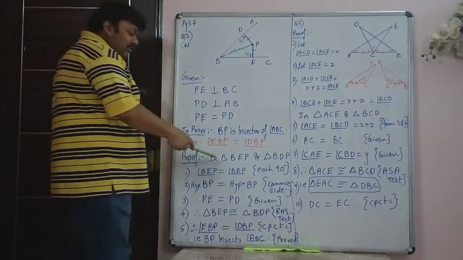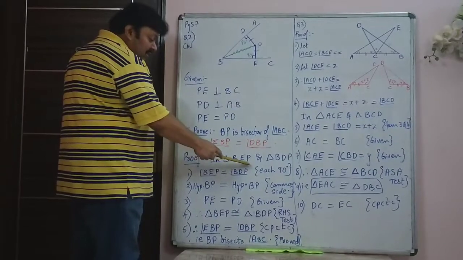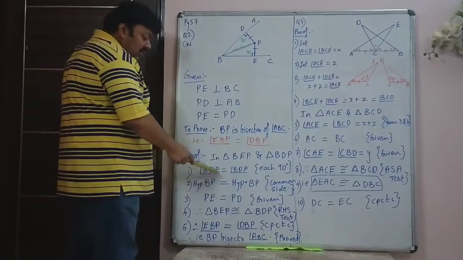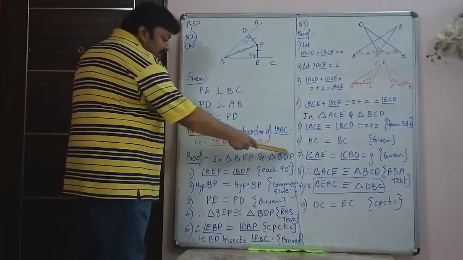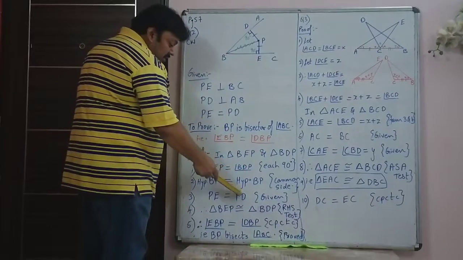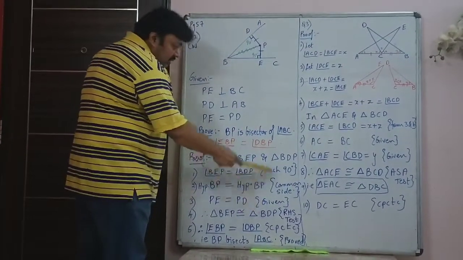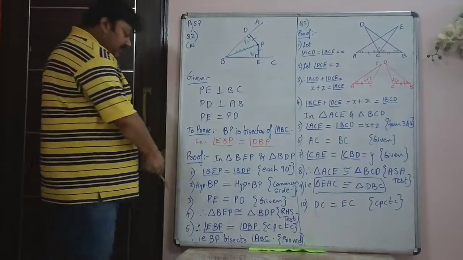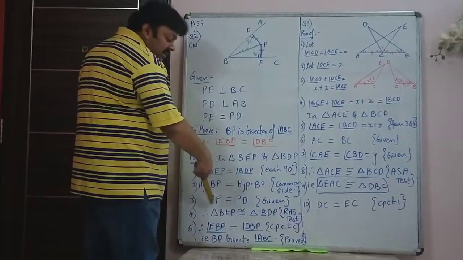As I told you, since BEP is written first, I am writing the sides and angles of triangle BEP first, and since BDP is written second, I am writing all the sides and angles of BDP second.